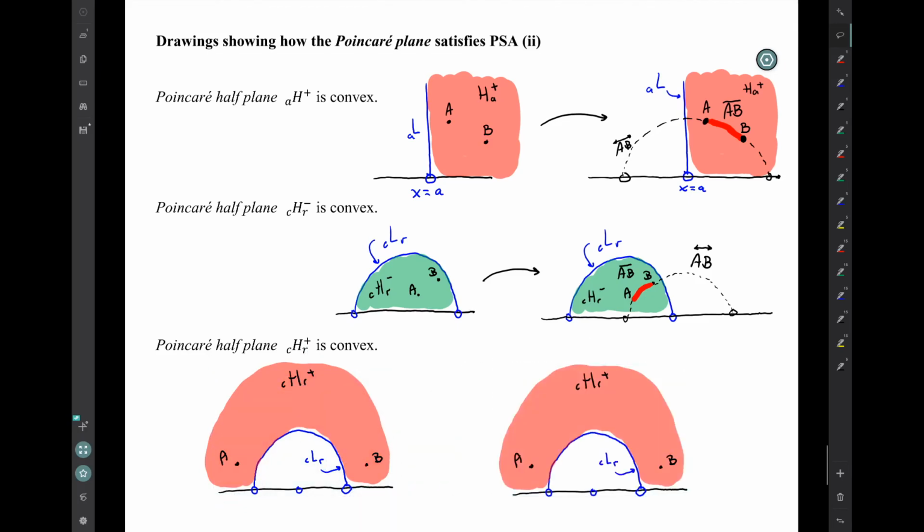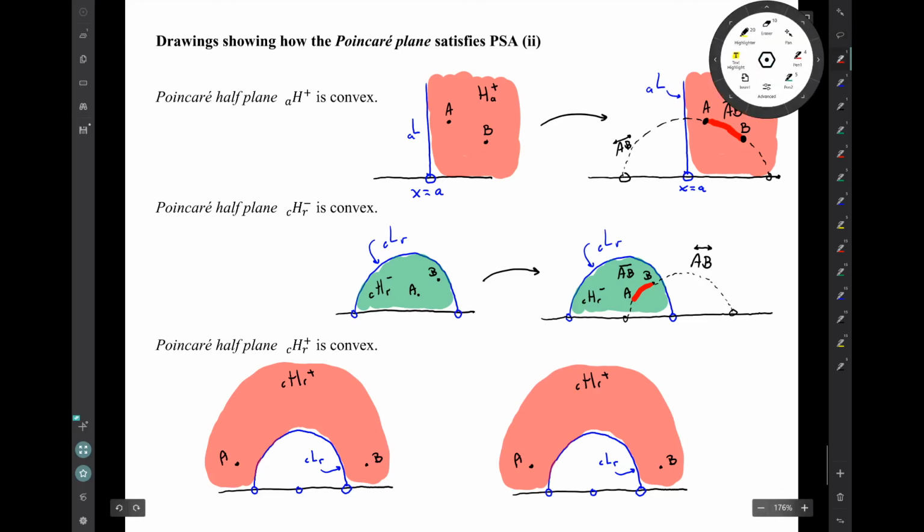Now at this point, before going any farther, think about these shapes. If you were thinking about this pink set as a set in the Euclidean plane, you might think that it is not convex because you would expect that the segment AB would look like this. And that segment AB would not be a subset of that pink half-plane. But that drawn red stripe is not Poincaré segment AB. That's Euclidean segment AB.